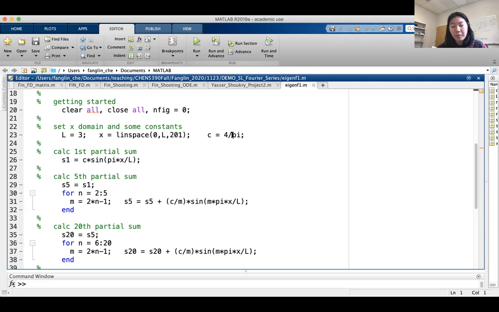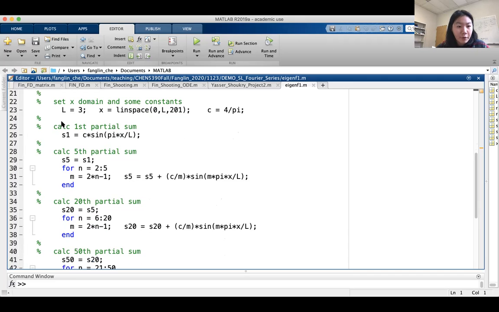Remember, our constant Bn should be 4 over n pi, so we just set up 4 over pi here, which is when n equals 1. The first term for our sum of the generalized Fourier series should be 4 over pi sine(pi x over L) when n equals 1, right? So that is our first term in the sum.